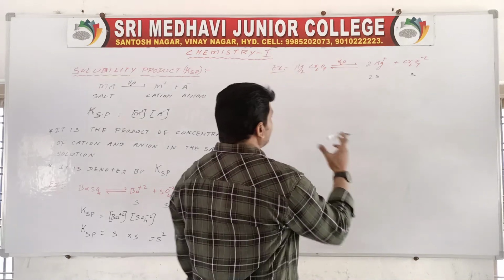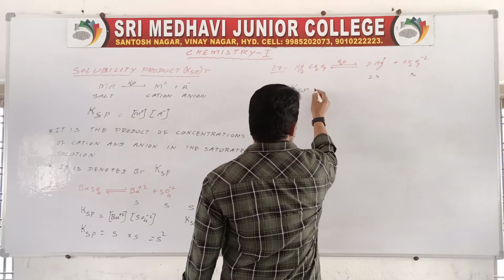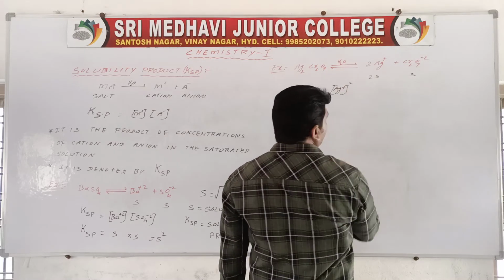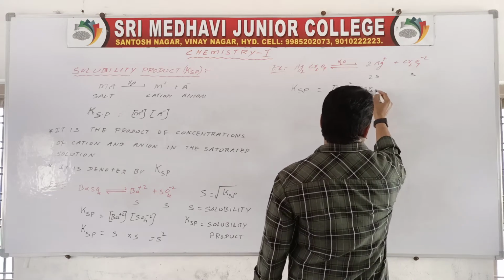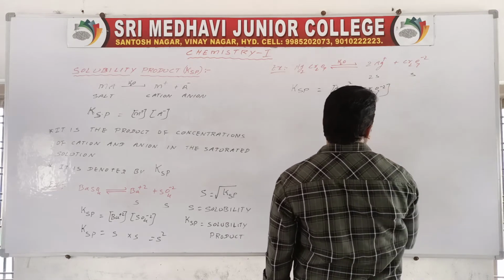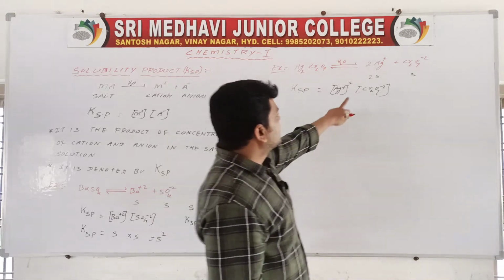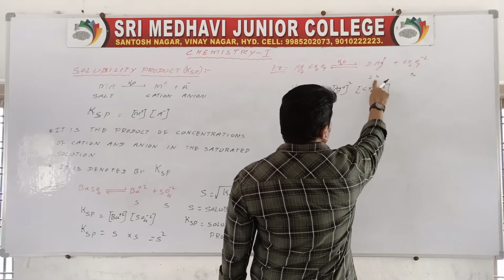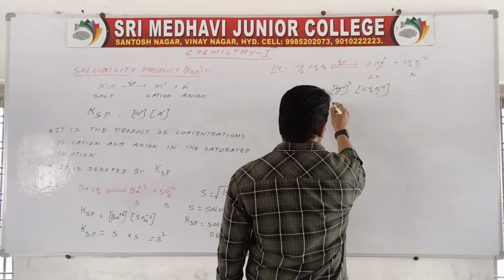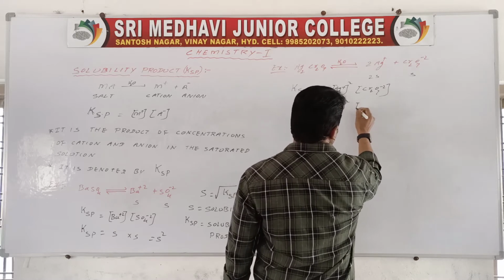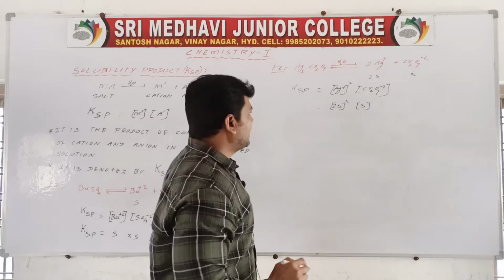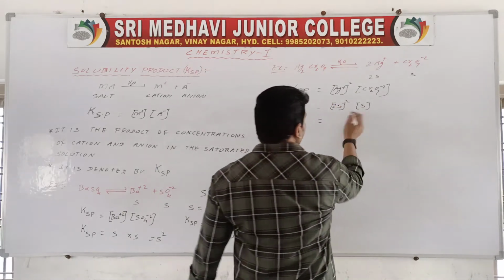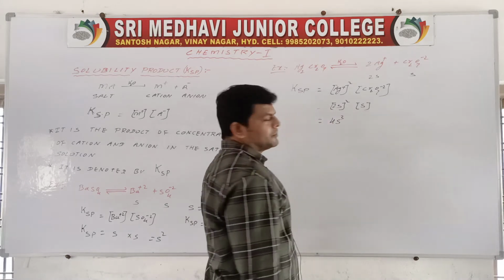Then we may write the solubility product as Ag plus whole square into Cr2O7 minus 2. Its concentration is 2S, so 2S whole square into S. Then 2 into 2 is 4, so this is 4S cube.